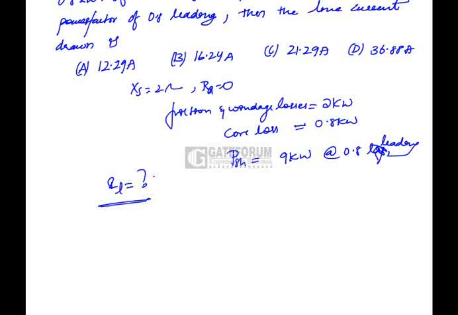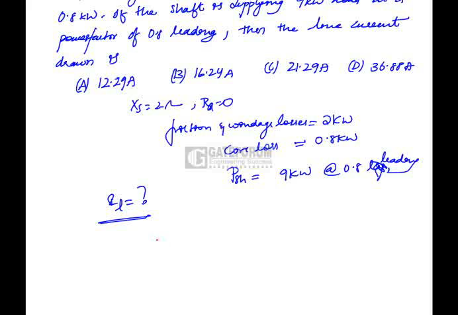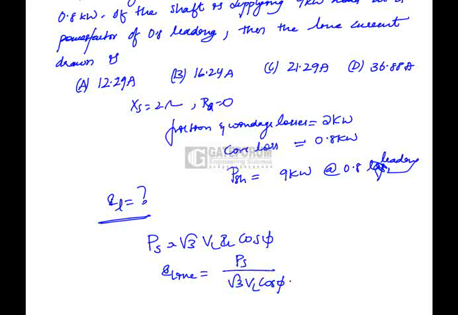Then the line current drawn by this machine is, now we have to find line current. Line current is drawn from the supply, so sending end power is equal to, this is a 3-phase machine, so root 3 VL IL cos phi. Now what is line current here? I line is equal to sending end power divided by root 3 VL cos phi.